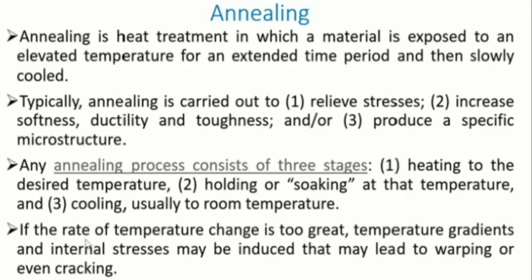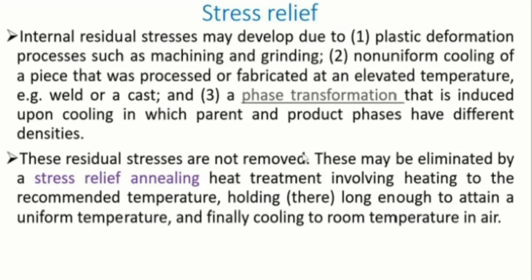So if the rate of temperature change is too great, temperature gradients and internal stresses may be induced, and this can cause internal cracking. As you said earlier, it is done to relieve stresses. We've seen ductility, before and after, right? Microstructure changes. And so let's see what causes internal stresses.